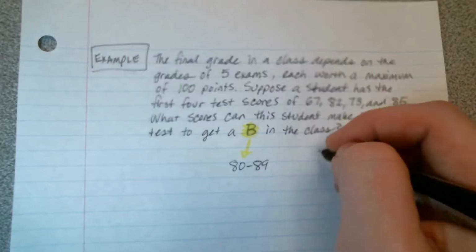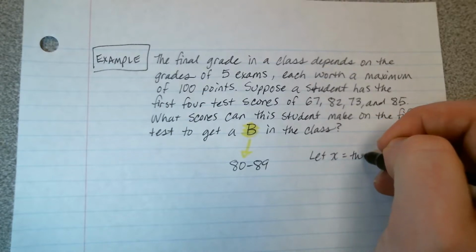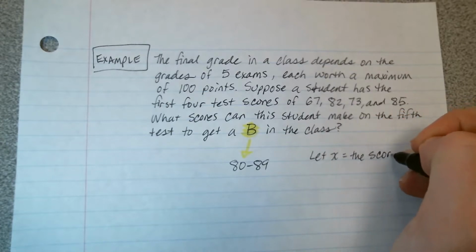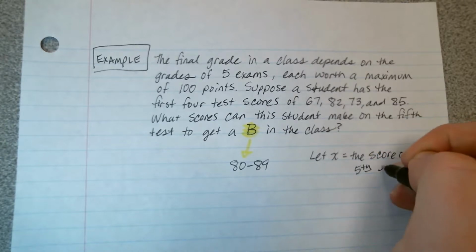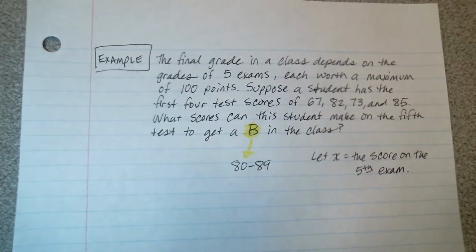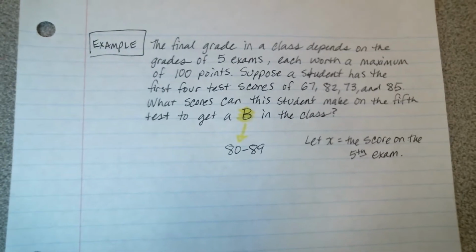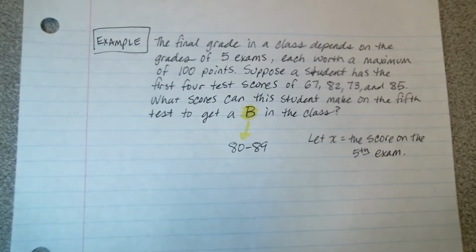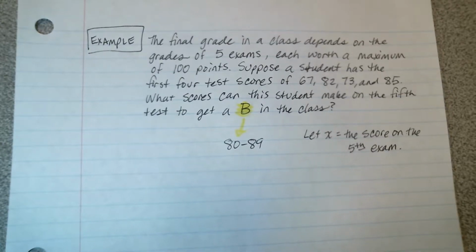So what I'm going to do is let X represent the score on the 5th exam. It's our unknown, it's what we want to find out. But we don't want just any test score, we want a test score that's going to give this student a B in the whole class.